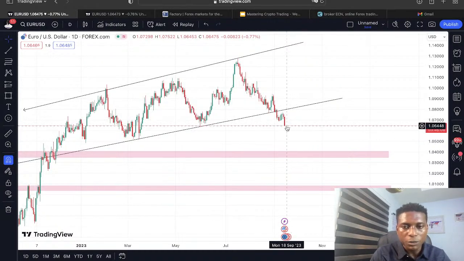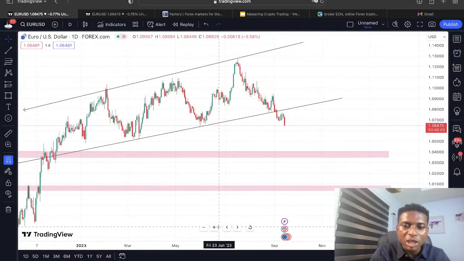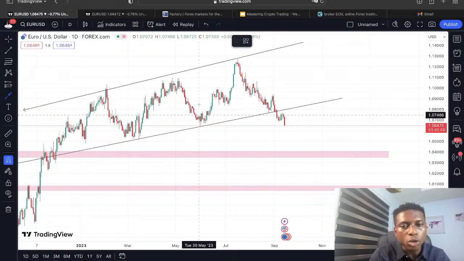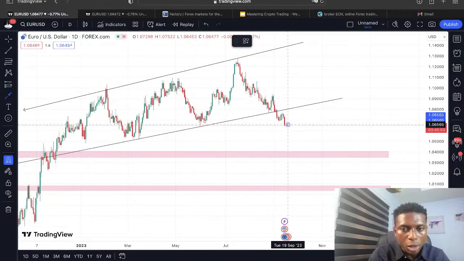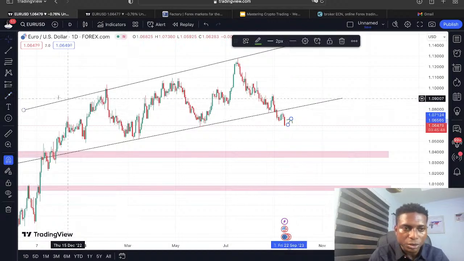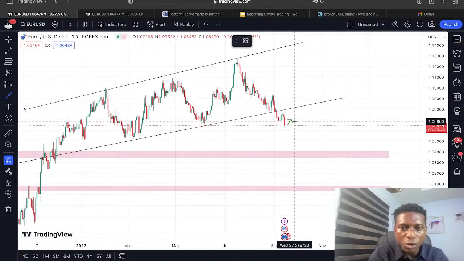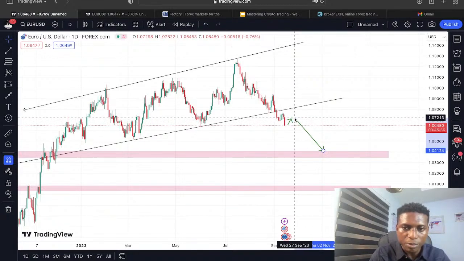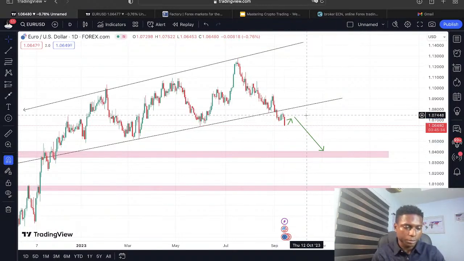Once price closes by tomorrow, the market might be slow and also might be fast depending on news, but tomorrow we might see a little retest back, a little retest here before price would continue falling.